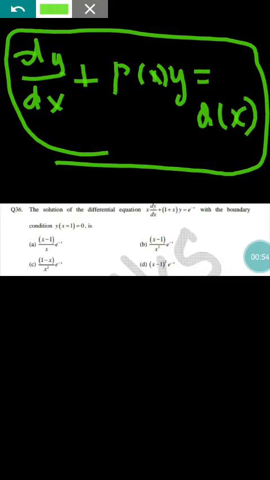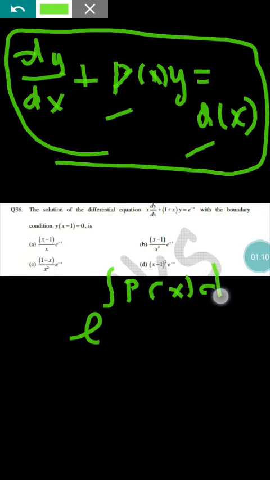The first thing you have to do is identify what p and what q are in this equation. Once you have identified p and q, you have to find the exponential of the integral of p of x dx. I am naming that final result another quantity, u of x.